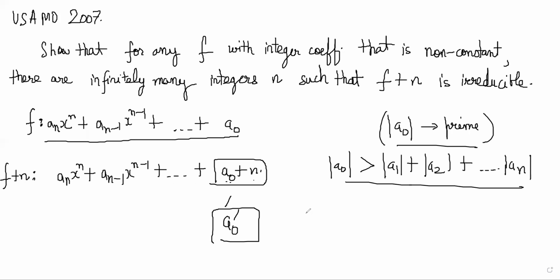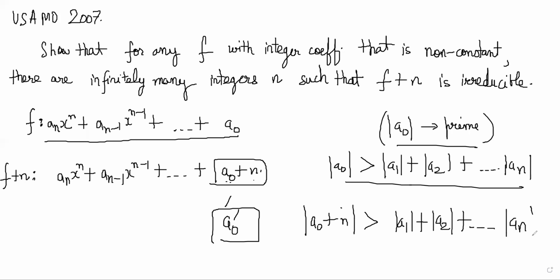So you have to show that mod of a naught plus n is greater than mod of a1 plus mod of a2 plus so on till mod of an. So what is the value of n that is needed here? We just have to ensure that a naught plus n is a prime.